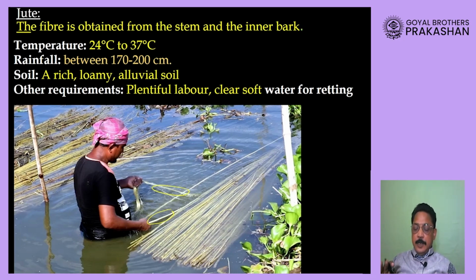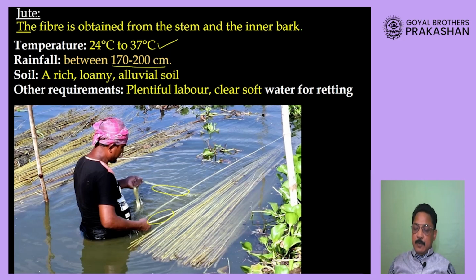Okay, requirements of this crop: it requires very high temperature, 24 to 37 degrees Celsius. Second thing, it requires abundant rainfall, very heavy rainfall, 170 to 200 centimeters. Very heavy rainfall is needed, dear student, for cultivation of this crop.